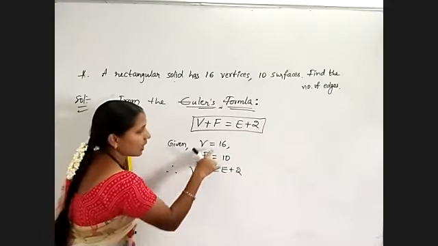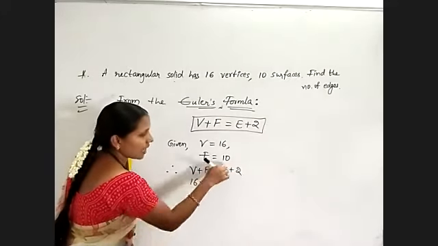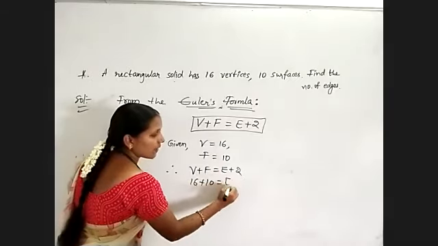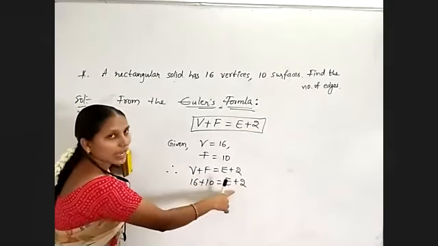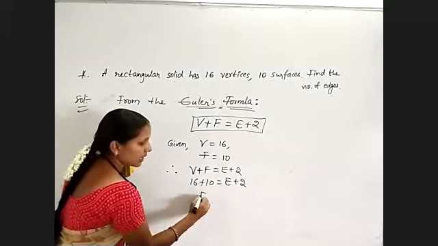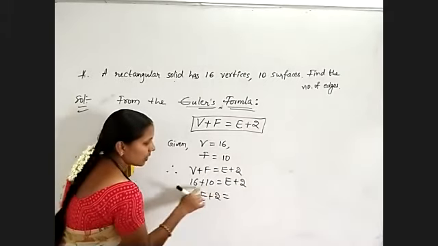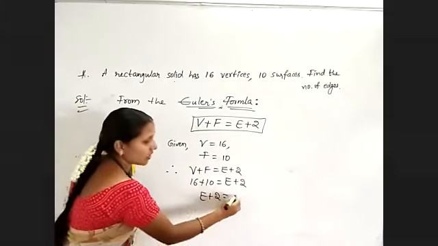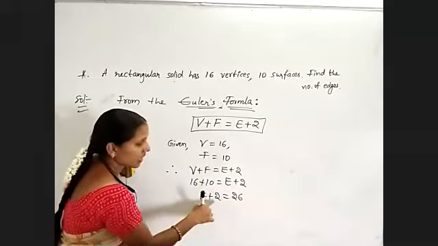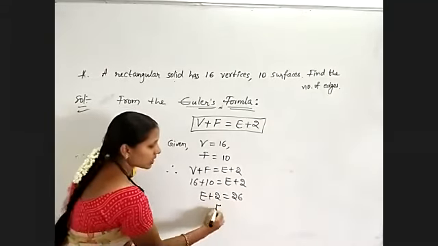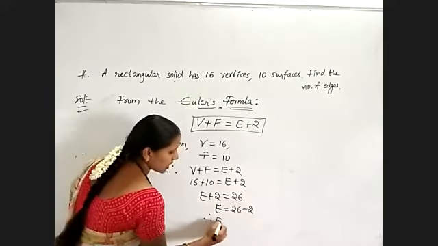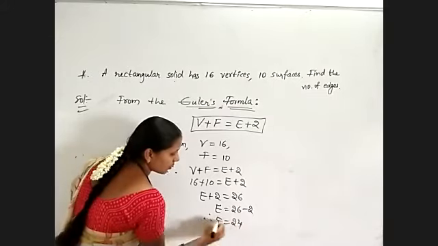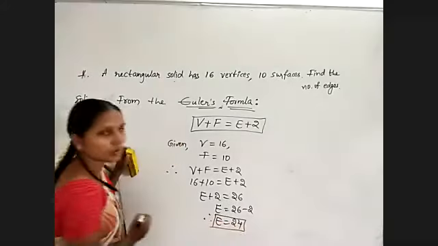Now, V value is 16, F value is 10, and E we need to find. So whatever value you need to find, write it on this side. E plus 2 is equal to 16 plus 10, how much? 26. Bring the plus 2 to that side. E is equal to 26 minus 2. Therefore, the number of edges of that solid is equal to 24. 26 minus 2 is 24.